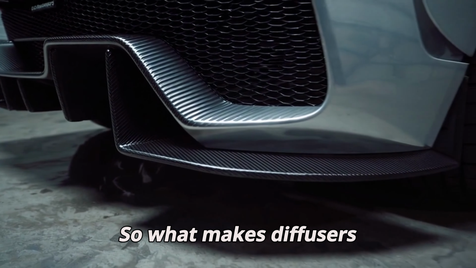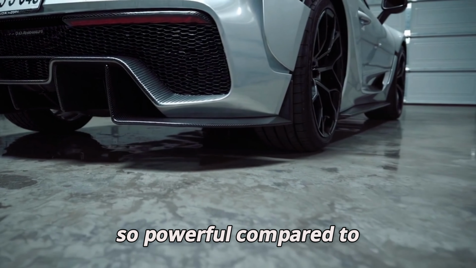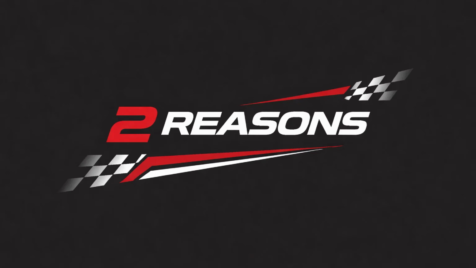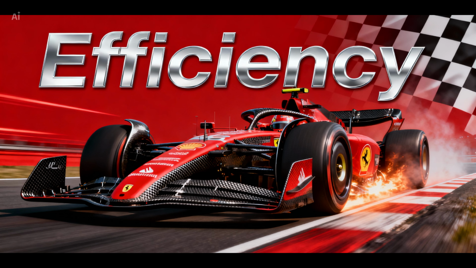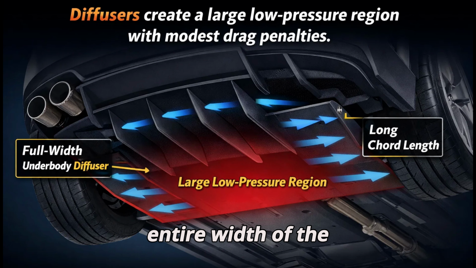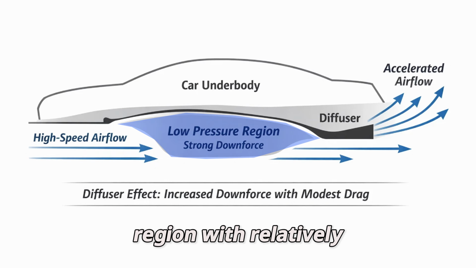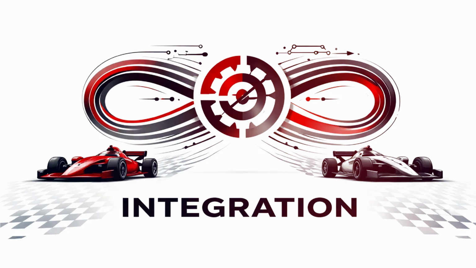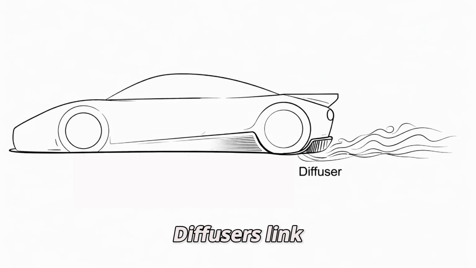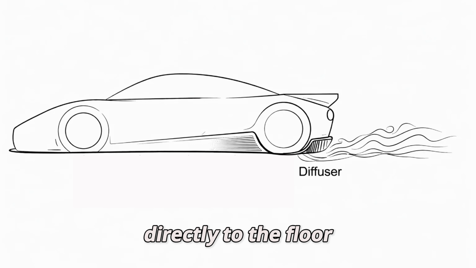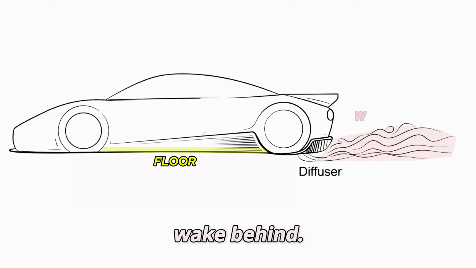So what makes diffusers so powerful compared to other aero devices? Two reasons. One, efficiency. Because they operate on the entire width of the underbody and over a long chord length, diffusers can generate a large low-pressure region with relatively modest drag penalties. Two, integration. Diffusers link directly to the floor ahead of them and the wake behind.